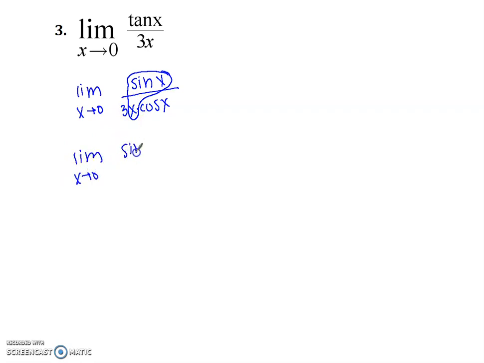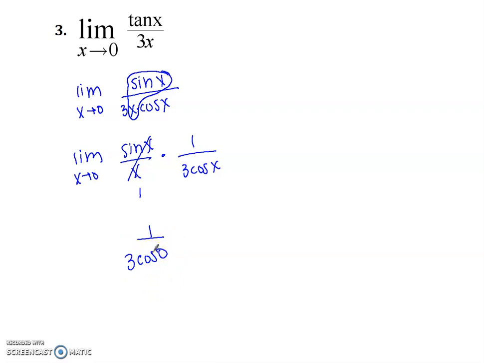So I've got sine of x over x times what's left. I'm left with, in the denominator, a 3 and a cosine of x, and just a 1 up here. This part we know is going to be 1. Then I just need to plug in the 0, so 3 times cosine of 0. Remember, cosine of 0 is 1.